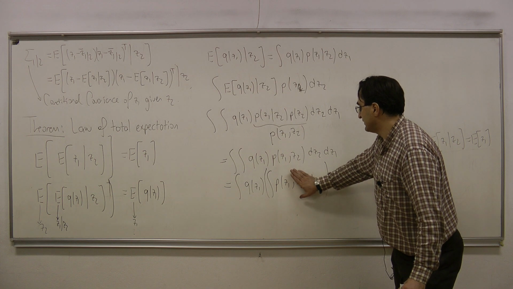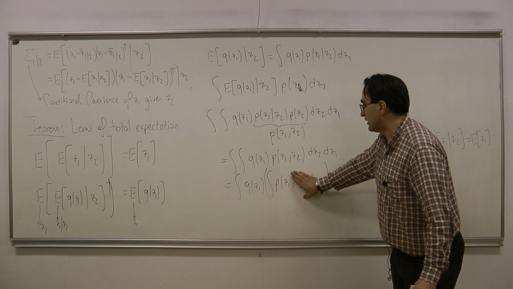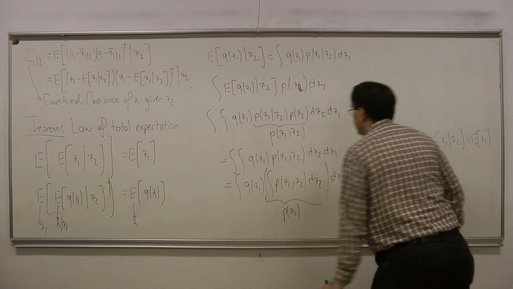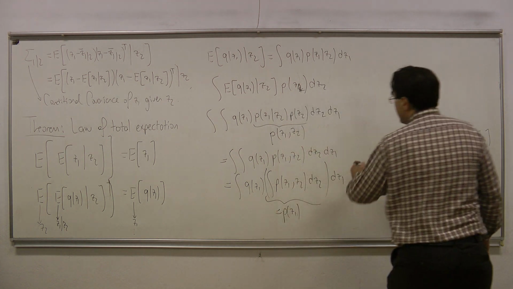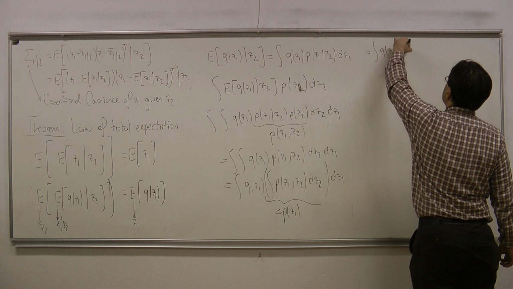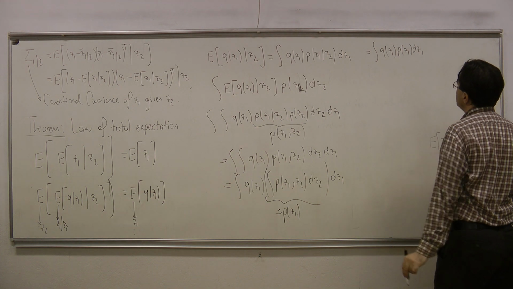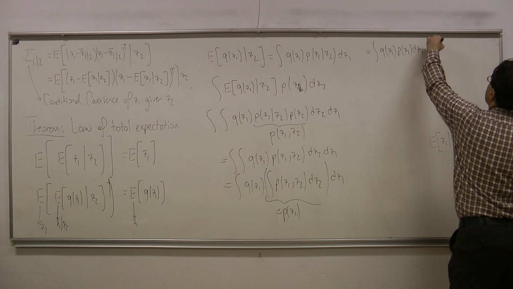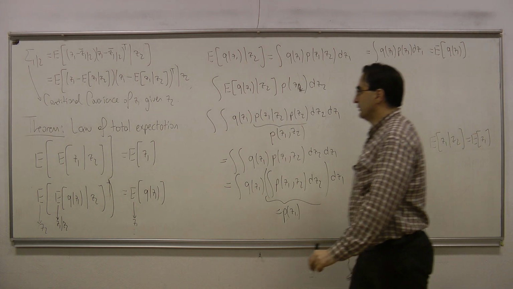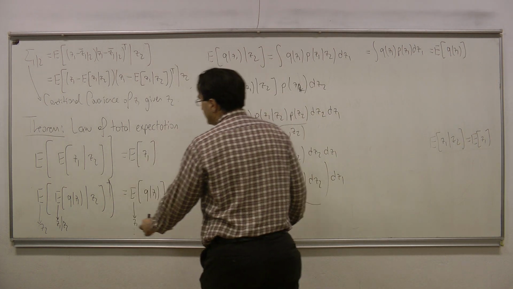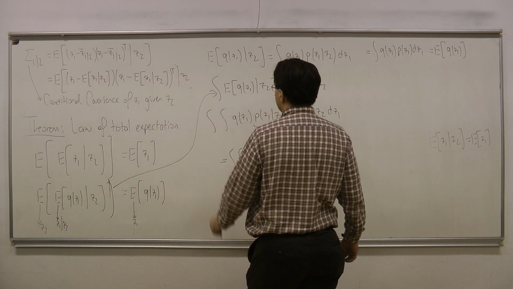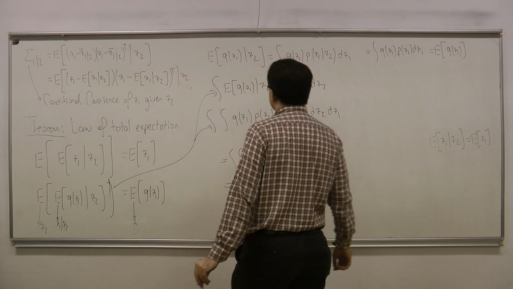So this would cancel the Z2 variable and give me the marginal distribution of Z1. And then this is going to be the integral of Q of Z1, P of Z1, dZ1. But this is nothing but the expected value of Q of Z1. So we have this number equal to this one, and so it is equal to this one as well.